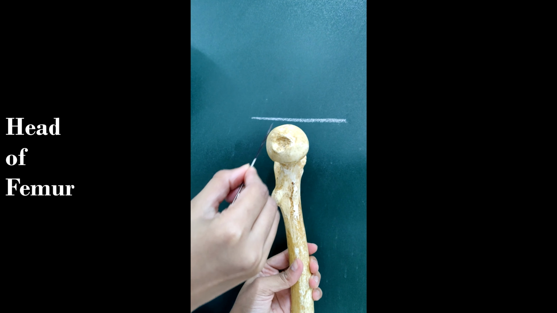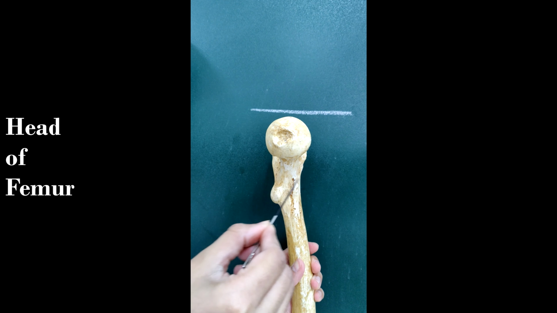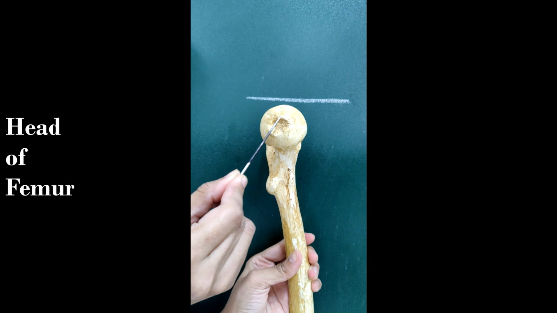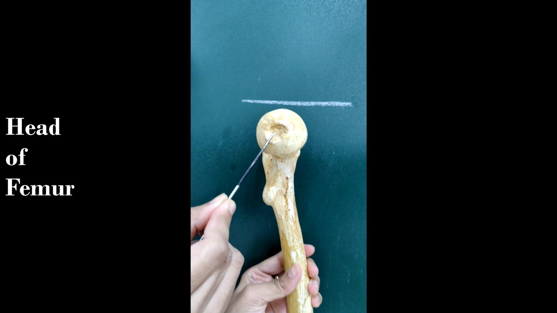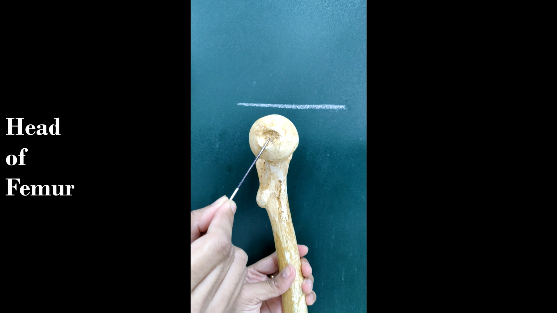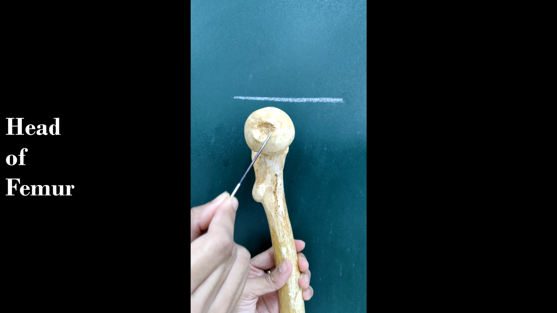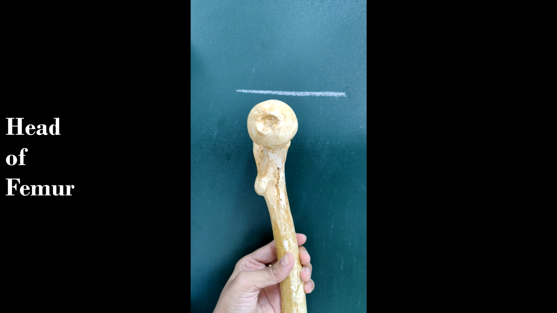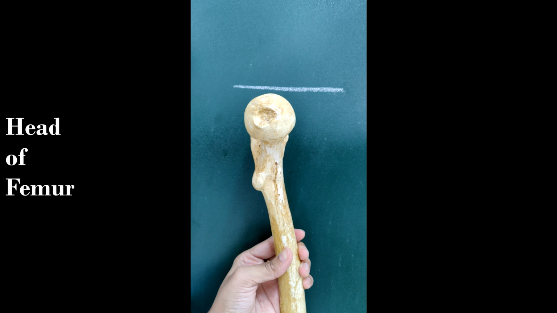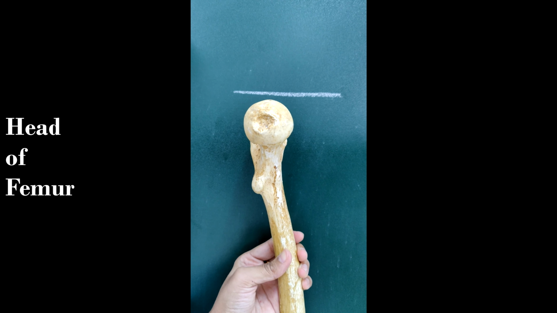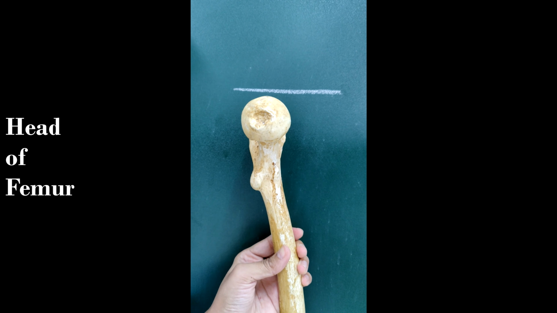It is covered by hyaline cartilage in the living, except at the center where there is a pit, otherwise called the fovea. Here there is a ligament called the ligamentum teres femoris. There are other ligaments with similar names, such as ligamentum teres hepatis and ligamentum teres uteri, in our body.